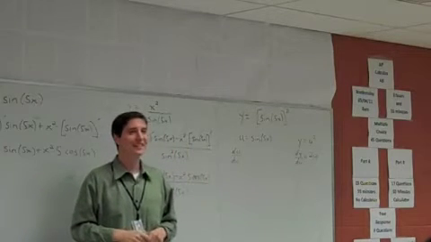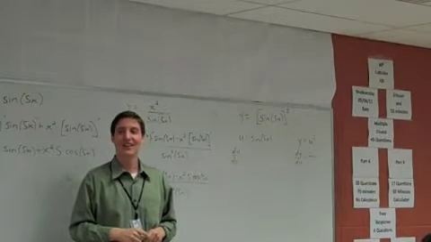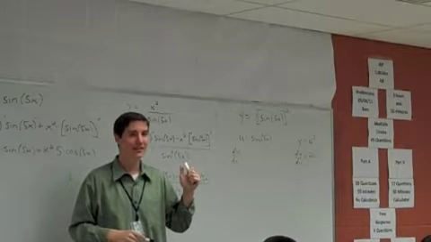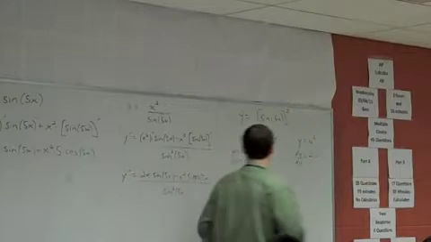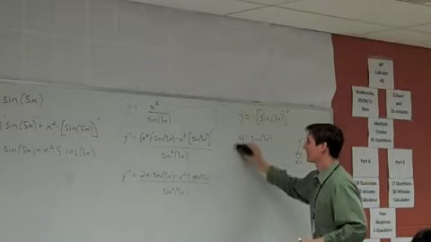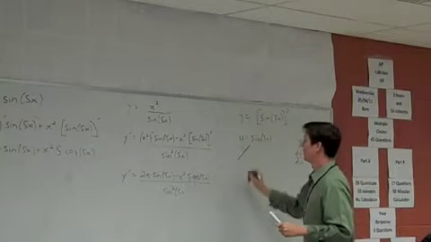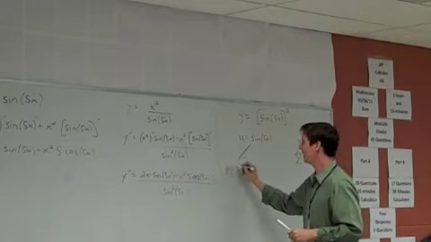There's a chain rule inside a chain rule. Okay? Well, before I take the derivative of this, let's call, I don't know, p equal to 5x.